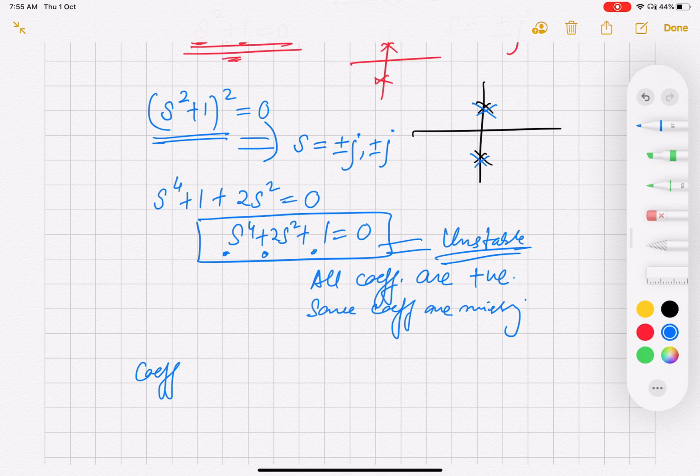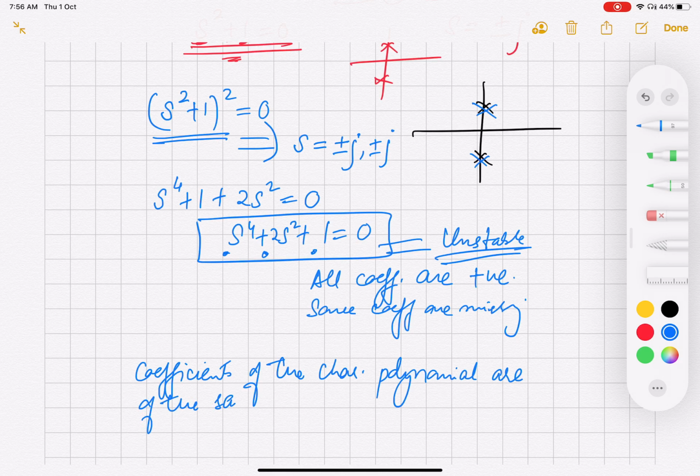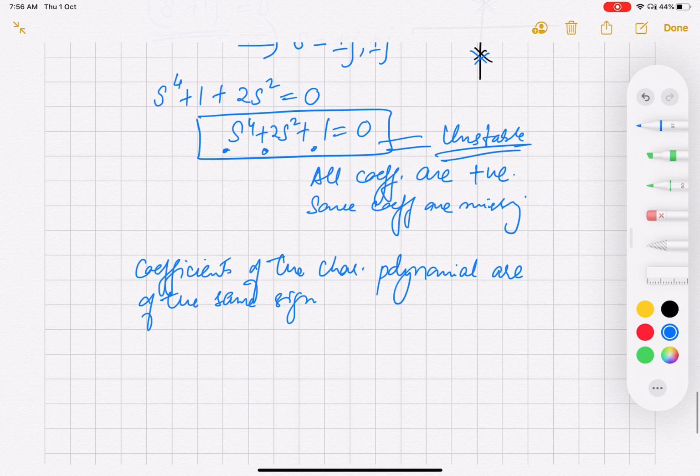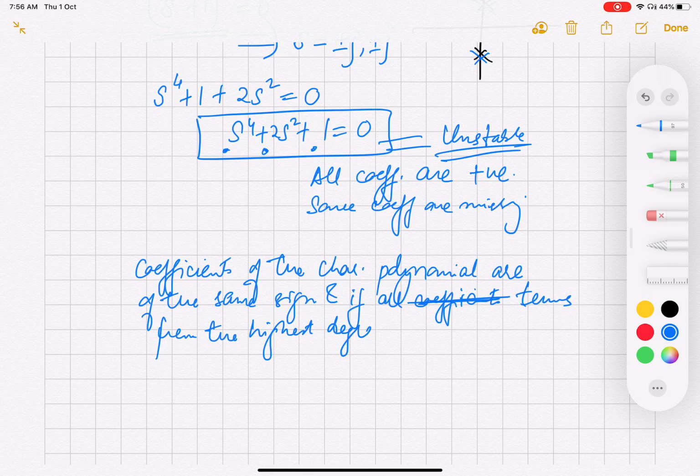if the coefficients of the characteristic polynomial are of the same sign, and if all terms from the highest degree down to the lowest degree are present, there are good chances that the system is stable.